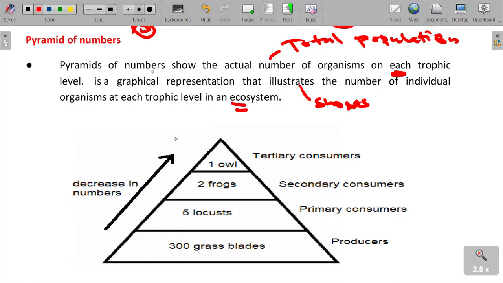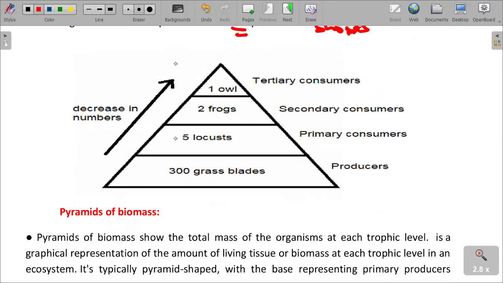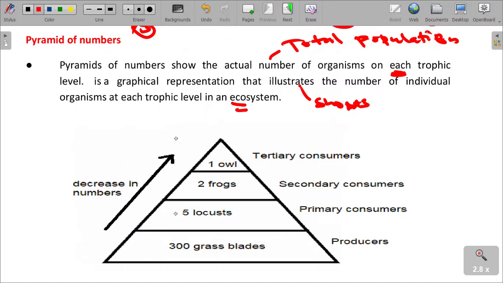We have an illustration here of a pyramid of numbers. There is a decrease in numbers as we go up.